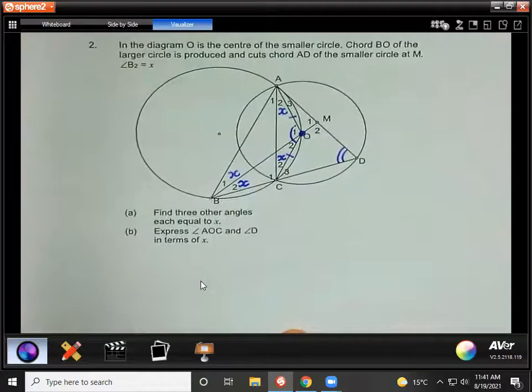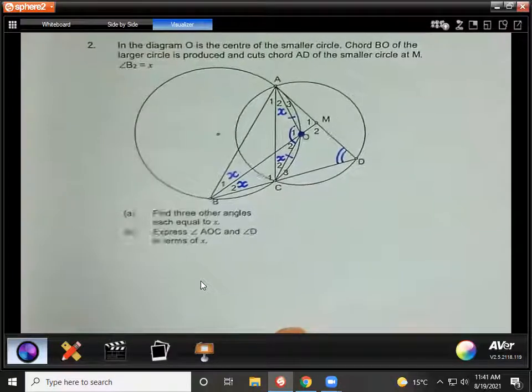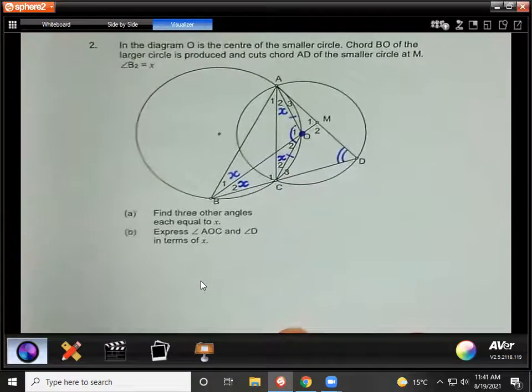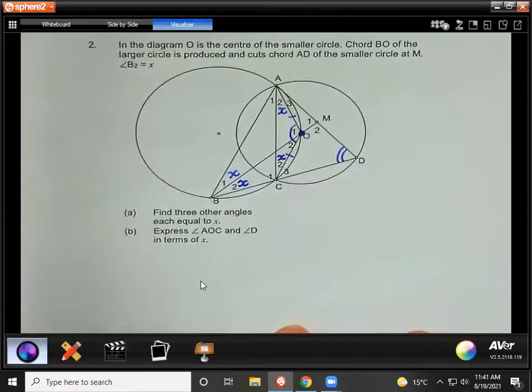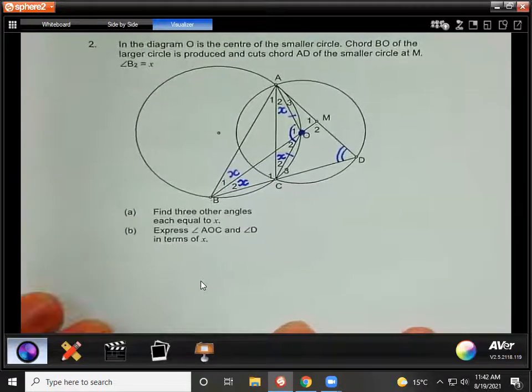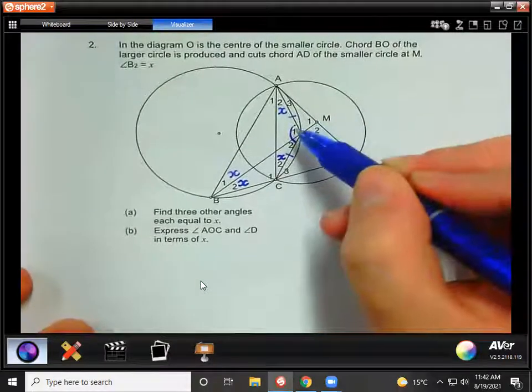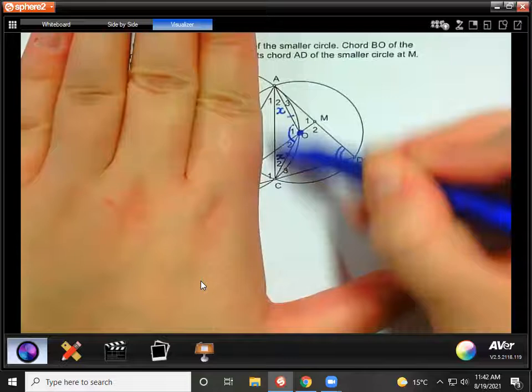Now remember, if they're saying in terms of x, that means that your answer is going to have an x in it. All right. Some people think if they say in terms of x, oh, I must solve for x. That's not what they say. In terms of x means that your answer has to be in terms of x. There must be an x in it. Now, guys, if we look at AOC, and we have already mentioned this before, this is a triangle, right?